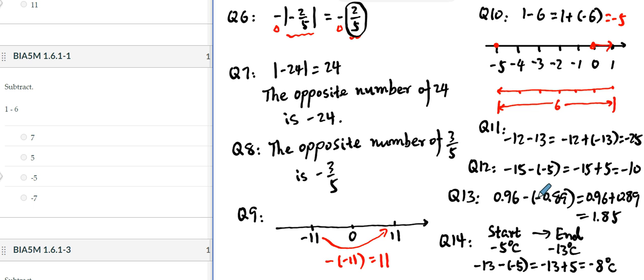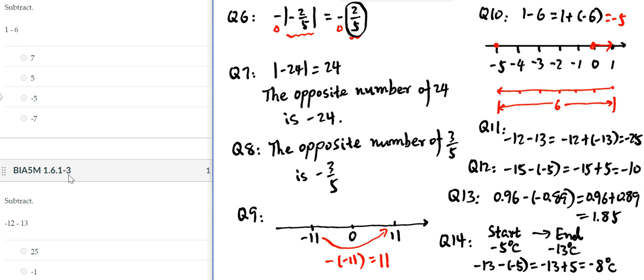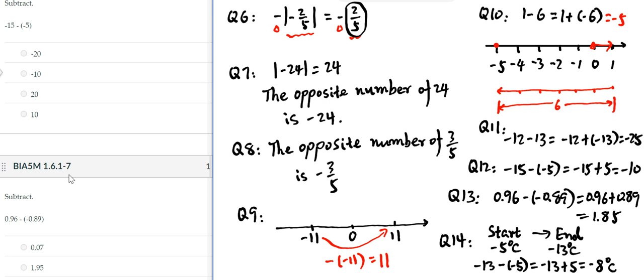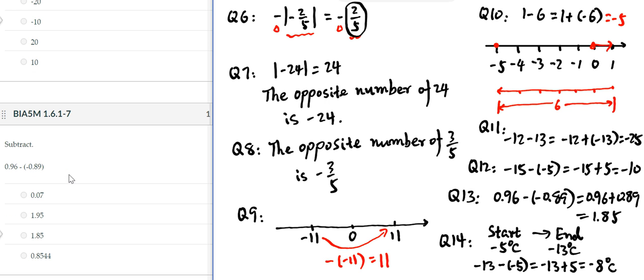Okay, negative, you got a positive. Then it would be easier to add 0.96 plus 0.89. So in this case, we will choose this number, 1.85.